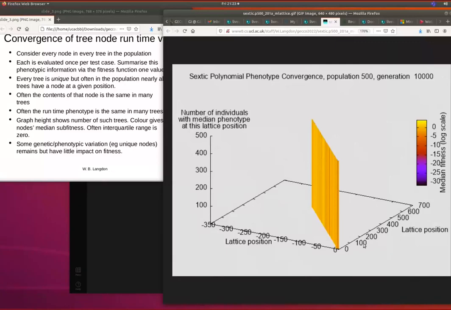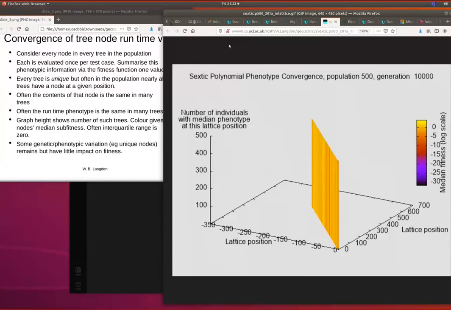So you can see here almost the whole of the population has identical values, although this is only effectively 1 pixel wide. There is still variation between members of the population, which doesn't really show up because we're dominated by the most popular phenotype in the population.